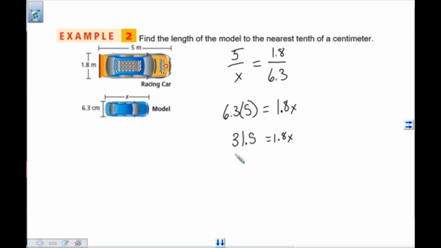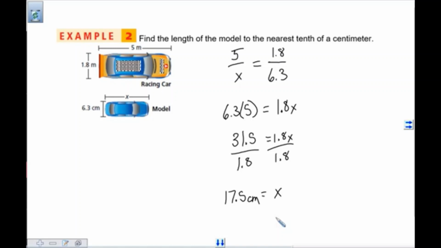And then we need to divide by 1.8 on both sides. And that gives us 17.5 centimeters. Now, I know some of you are going, but my units aren't the same.